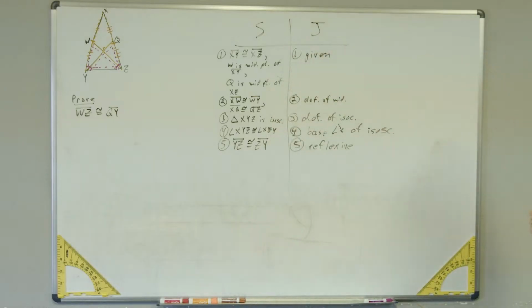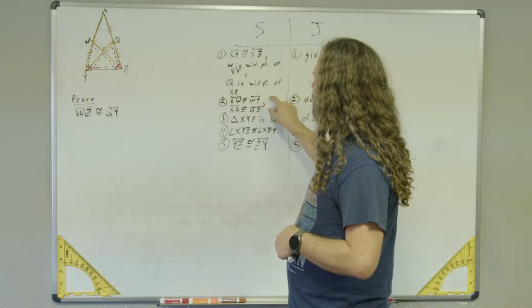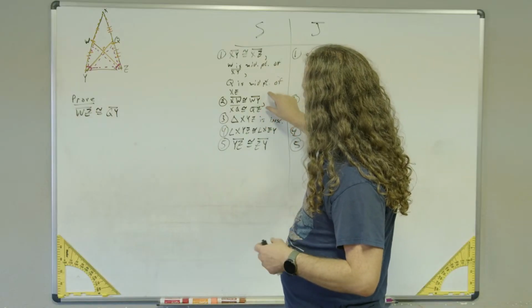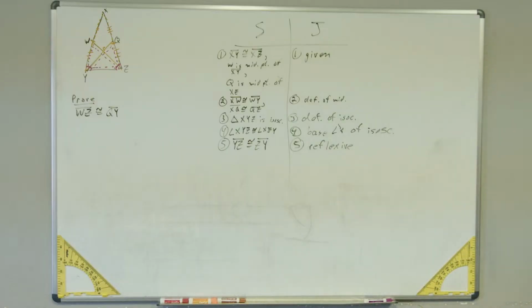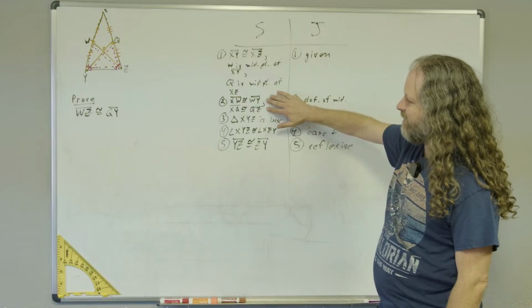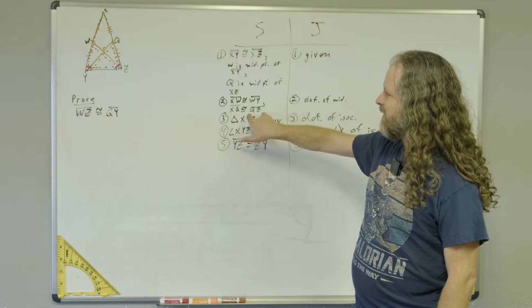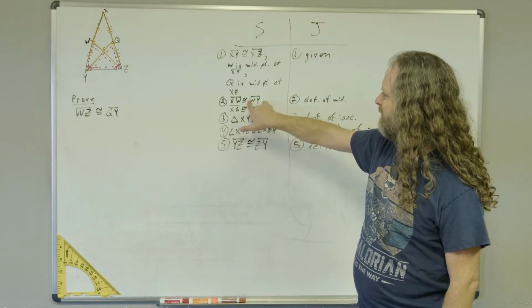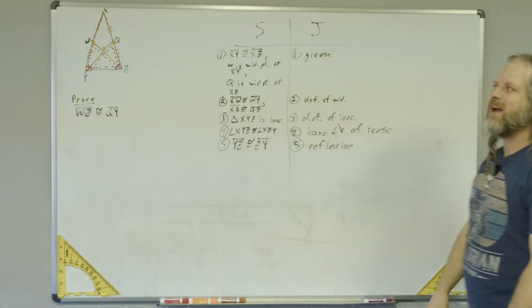Okay, so we've got WY and we've got QZ, and we can add them up and do some segment addition and get there. We want this one congruent to this one; we've got them where they're just not congruent to each other yet.